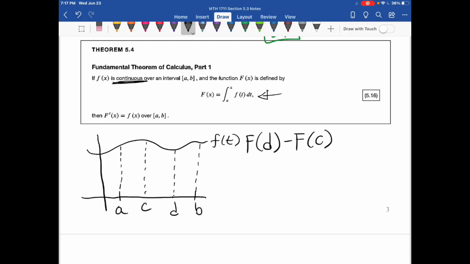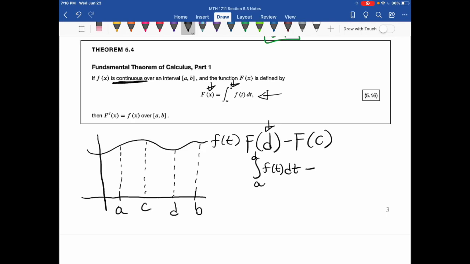Using this fundamental theorem of calculus, if I take capital F of d, that means everywhere I see x in that statement, I'm going to replace it with d. So I have that capital F of d is going to be the integral from a to d of f of t dt.